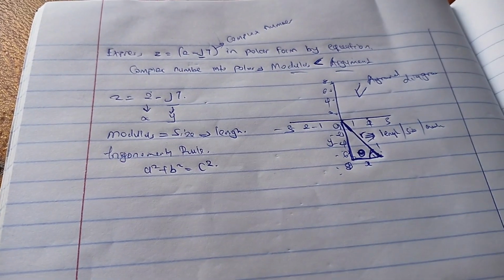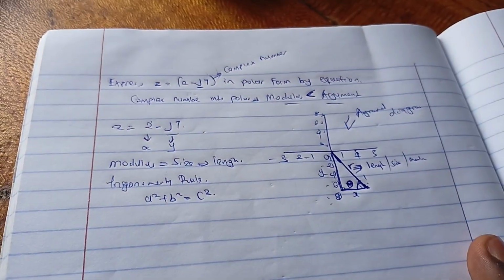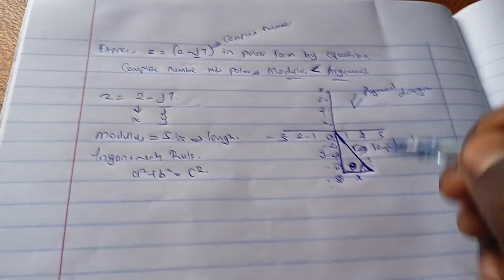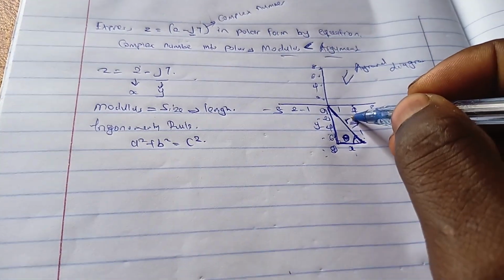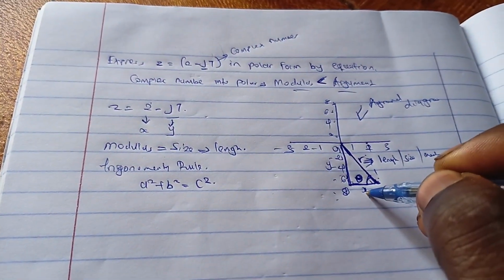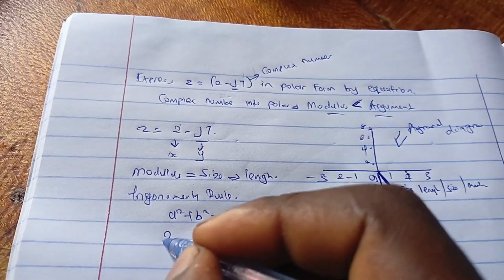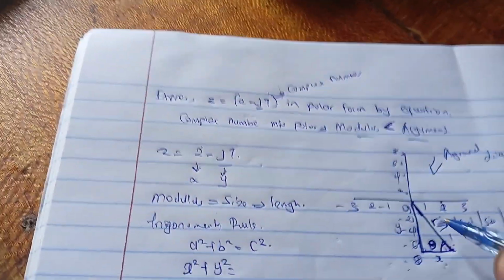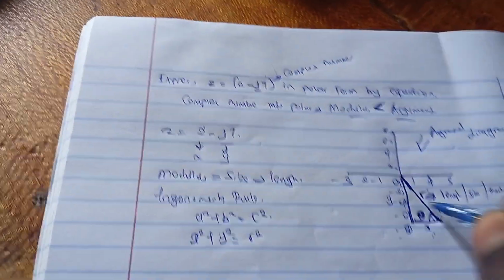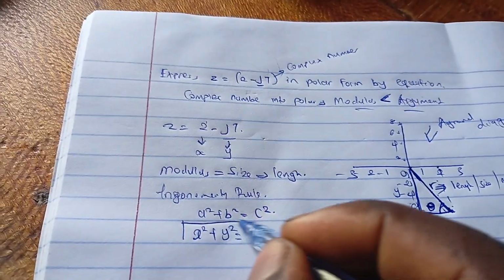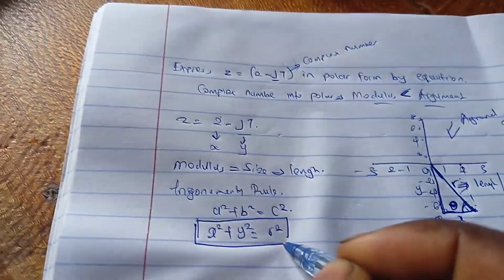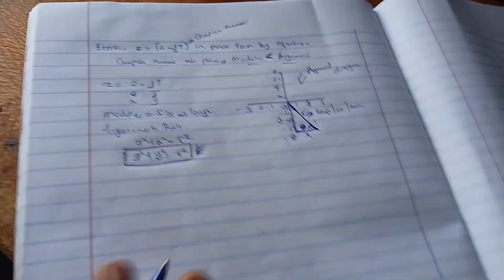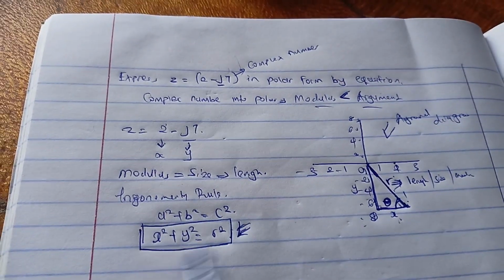But in this triangle we have x, y and r, so it will be x squared plus y squared is equal to r squared. This is the c. My friends, my colleagues, store it in your head. It will help you one day.